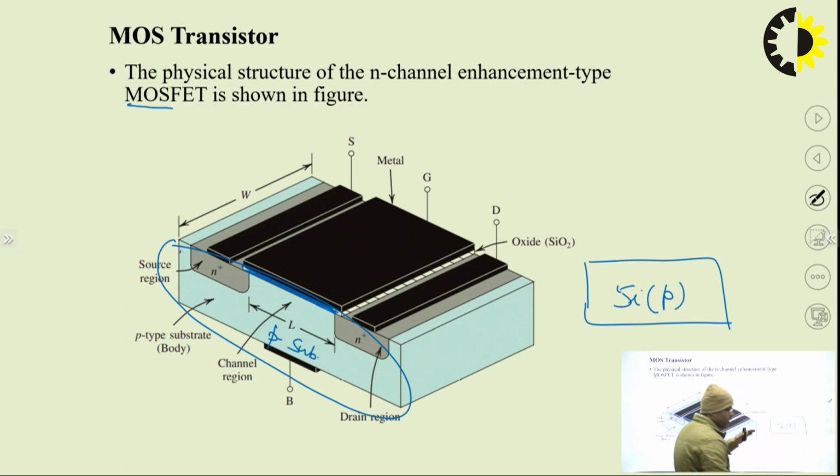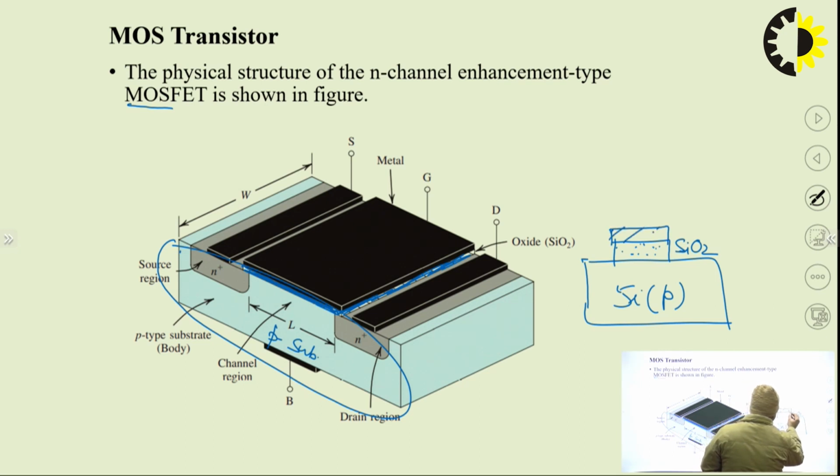Above the silicon substrate, a thin layer of oxide is grown. This layer is basically silicon dioxide. In the diagram you can see this layer of silicon dioxide. This is basically an insulating layer grown above the substrate.